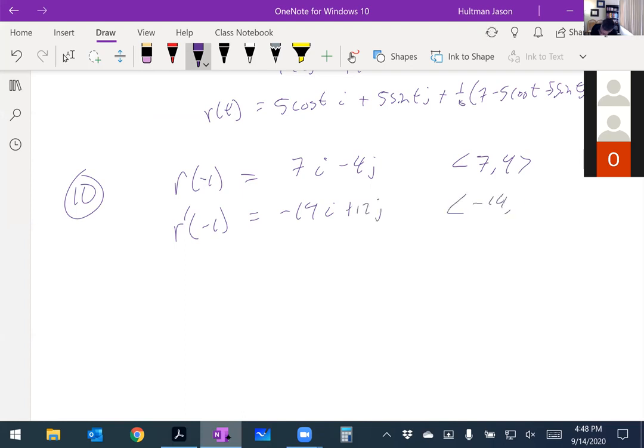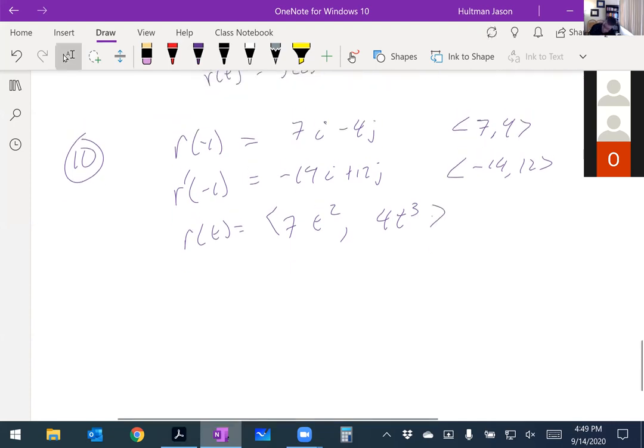This is negative 14, 12. Okay. We have R of t is equal to 7t squared i, I'll write it like this, 7t squared i and then 4t cubed j, right? Okay. So yeah, this is kind of interesting. What is this? This is x, right?